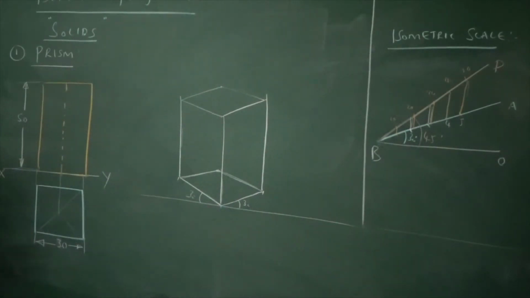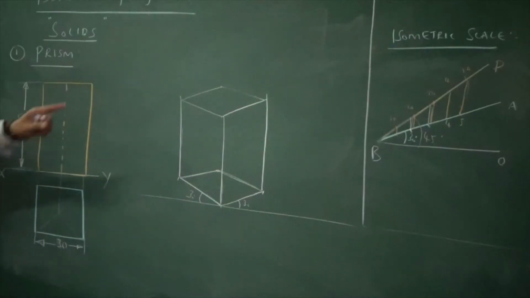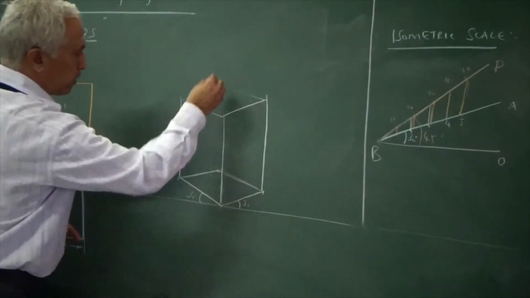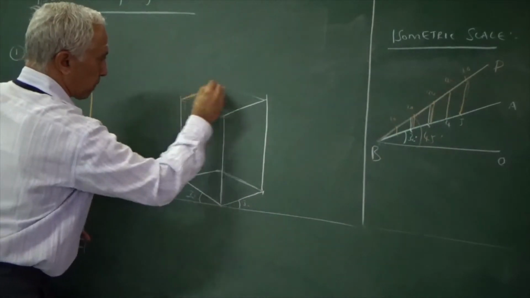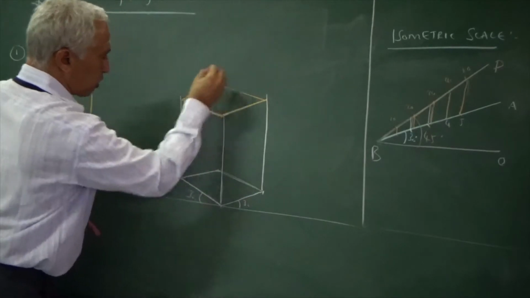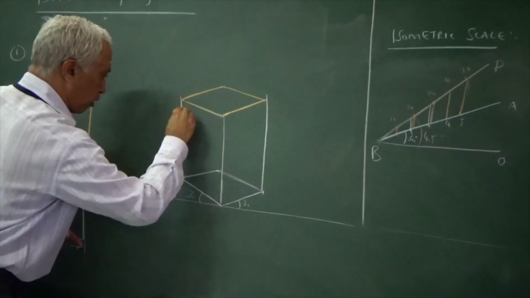When we start the isometric projection, we always go from the bottom to the top. And when we complete the solid, we come from the top to the bottom. From the top, this face is visible. So keep on darkening those lines which are visible to the observer. The front faces are visible.